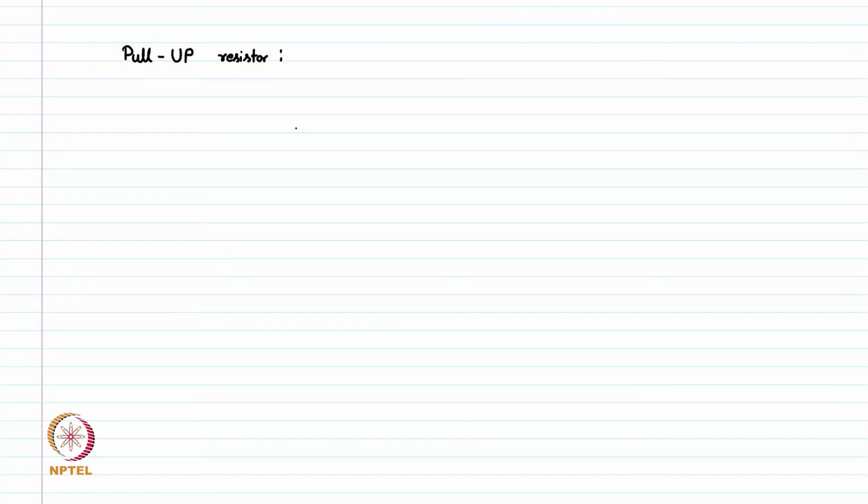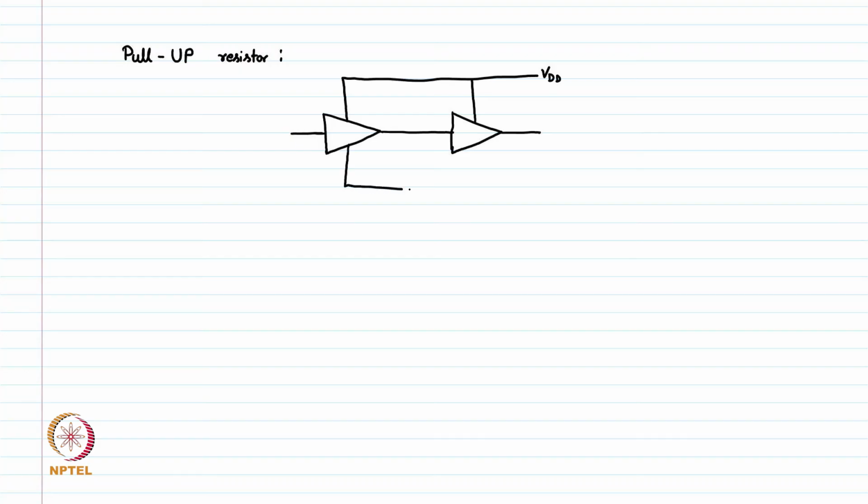So, in the case of TTL driving a CMOS, this is VDD and this is ground.